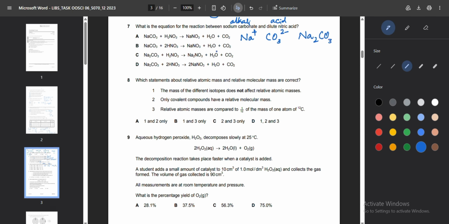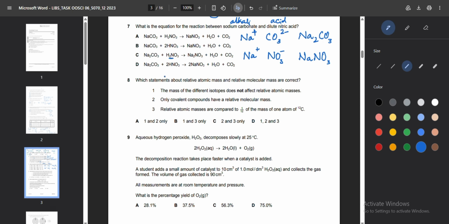the product that would be formed would be sodium nitrate. Again, sodium has +1 charge, nitrate has -1, so positive and negative will balance each other. The correct formula should be NaNO3. Now we can check, first of all, the correct formula for sodium carbonate. In these two, C option and D option, the formula of sodium carbonate is correct, but just check this one.